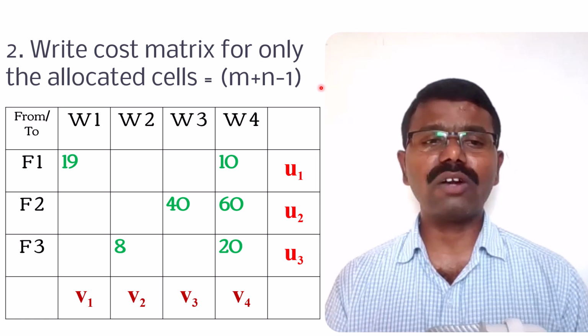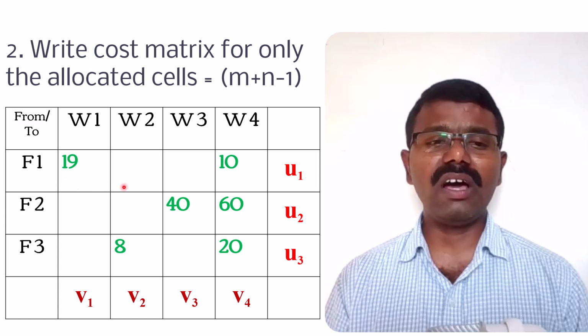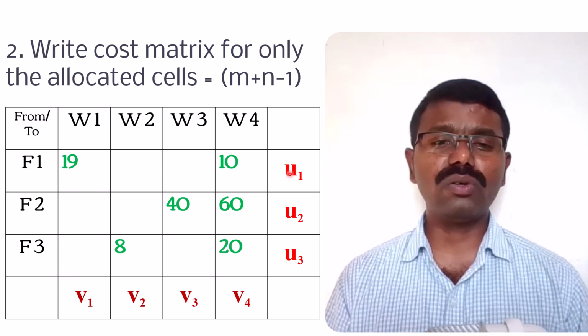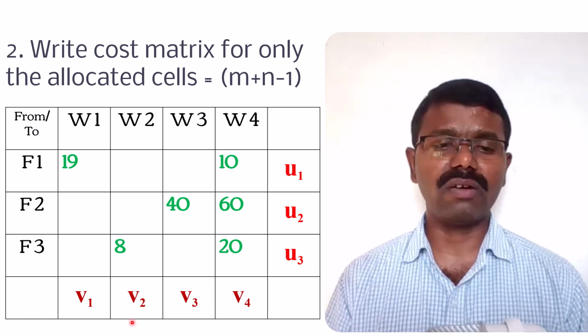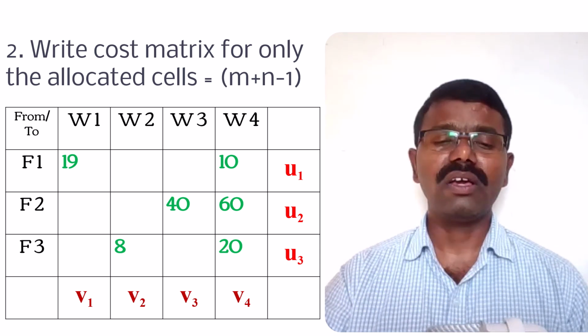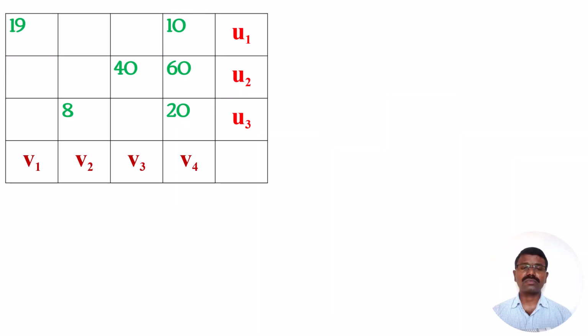Now in order to solve this problem, assume this is the allocated cost matrix, and assume these are u1, u2, u3 and v1, v2, v3 and v4. We are assuming these in order to calculate the delta ij.